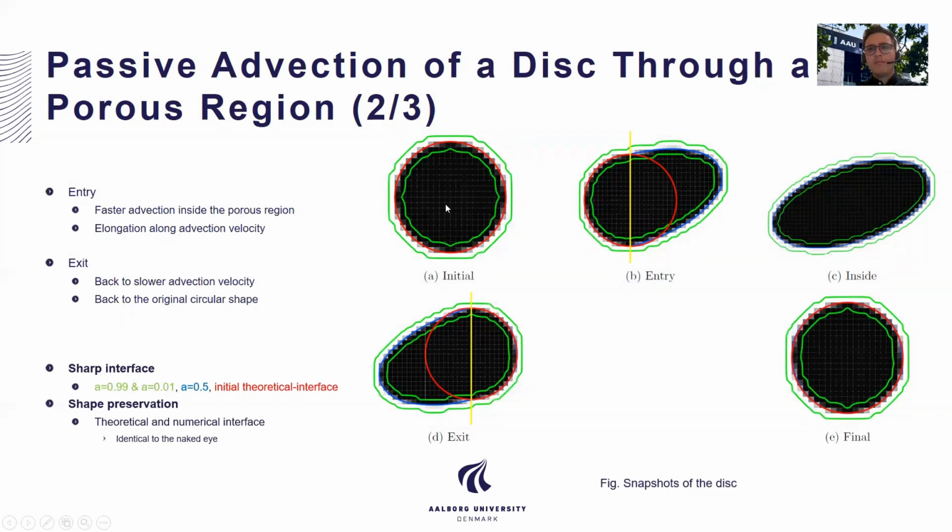The interface remains very sharp since only 3 cells separate the 2 green contours throughout the simulation. And it is also evident that there is a very satisfying self-preservation since in the final snapshot, the numerical and the theoretical interface collapse to each other and look identical to the naked eye.